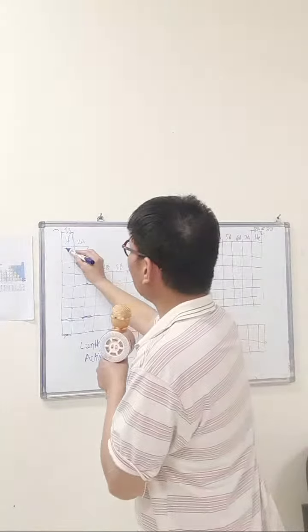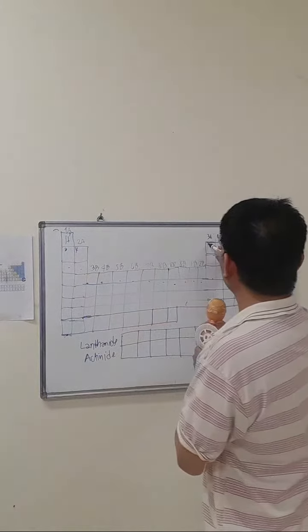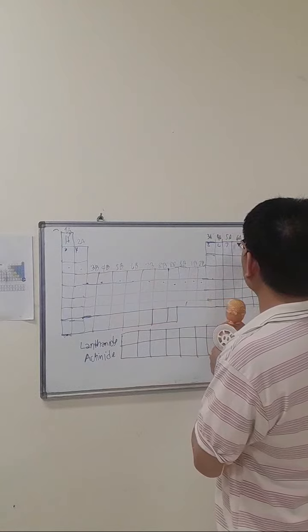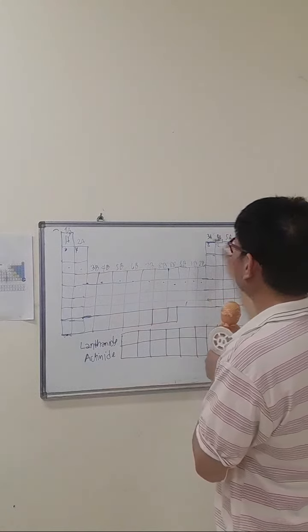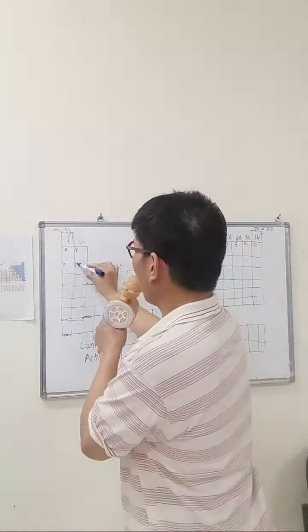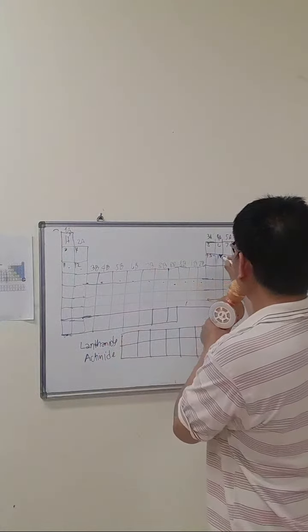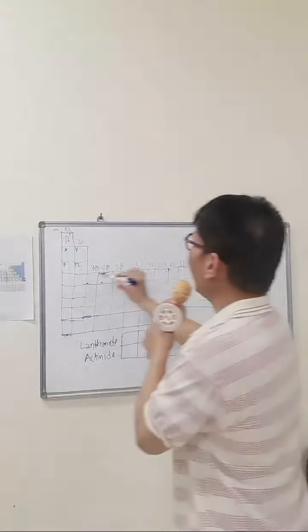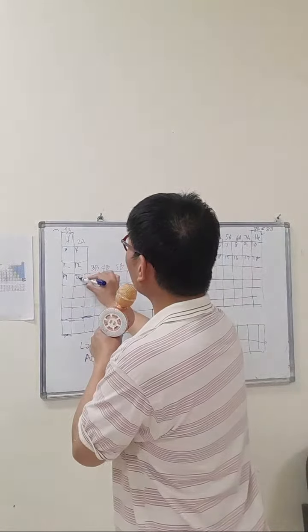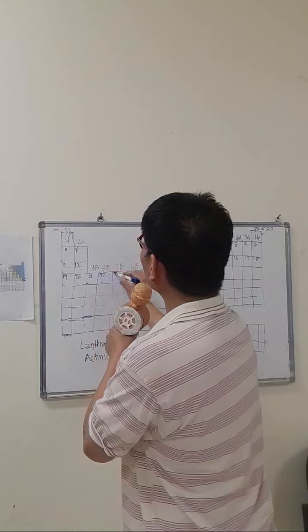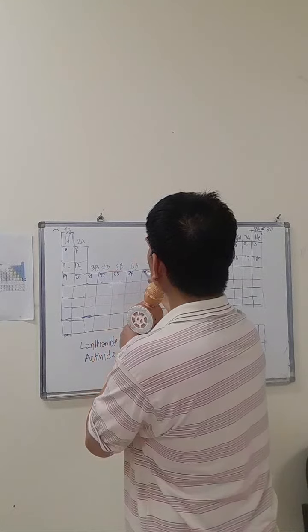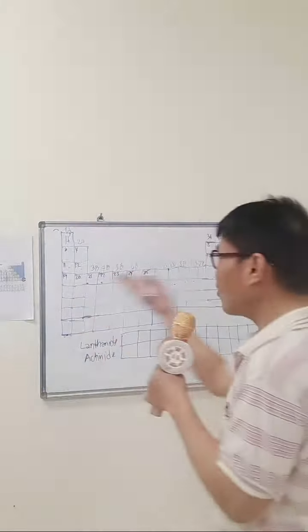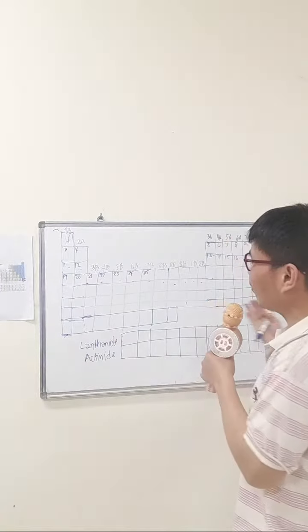So 3, 4, 5, 6, 7, 8, 9, 10, 11, 12, 13, 14, 15, 16, 17, 18, 19, 21, 22, 23, 24, 25, and the rest of the world. Just follow the pattern and then you can reach the lanthanide.